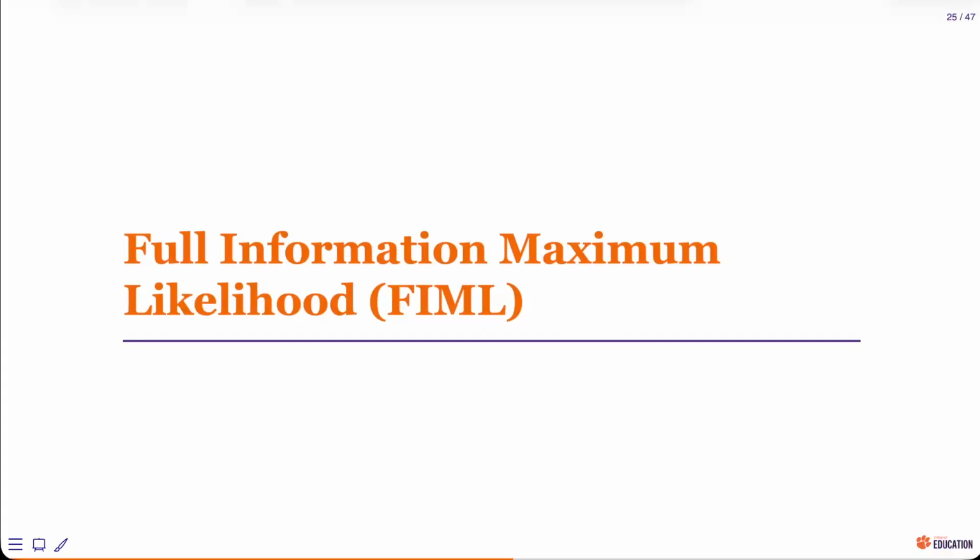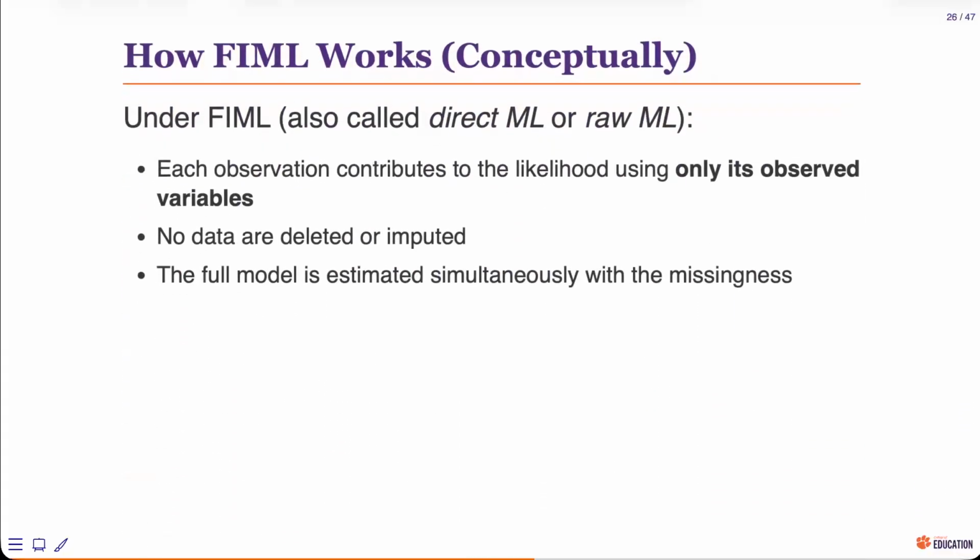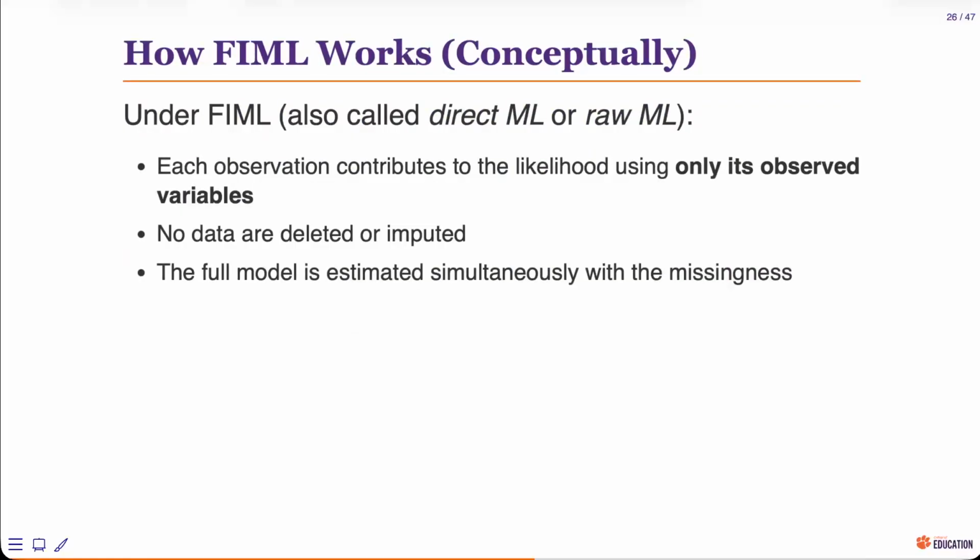All right, let's get into one of the methods that does work pretty well. This is full information maximum likelihood. Under FIML, also called direct maximum likelihood, sometimes raw maximum likelihood, each observation contributes to the likelihood using only its observed variables. Imagine this: if we had a multivariate normal distribution, let's imagine we have a path model and we assume this multivariate normality. We have 5 variables in it. We have a subject that gives us variables 1 through 4.